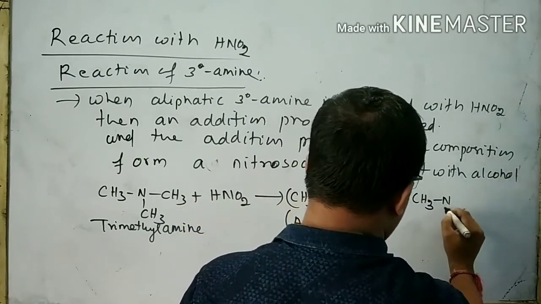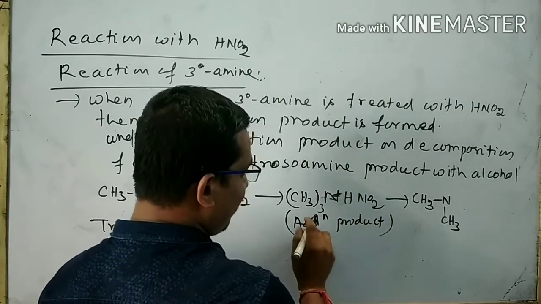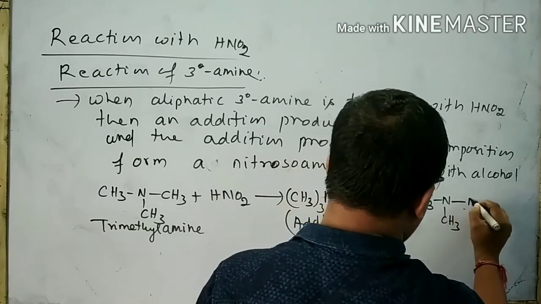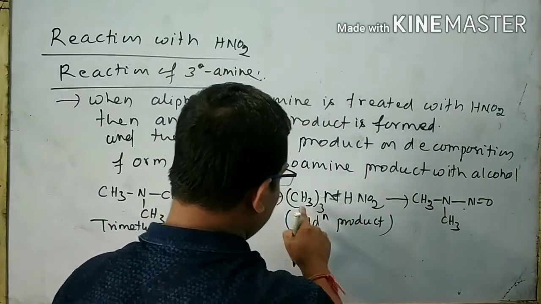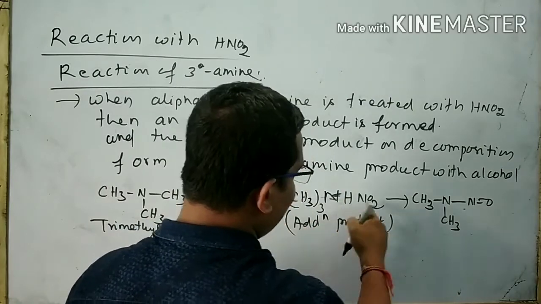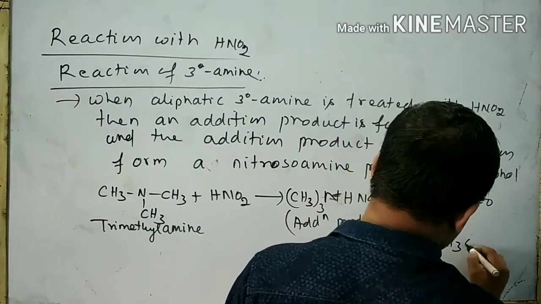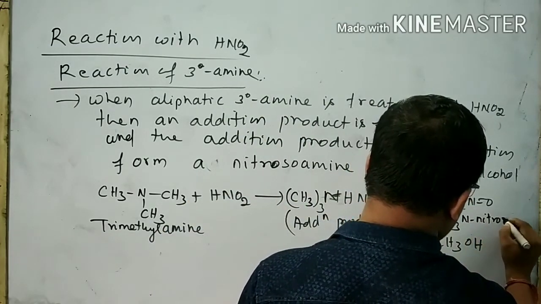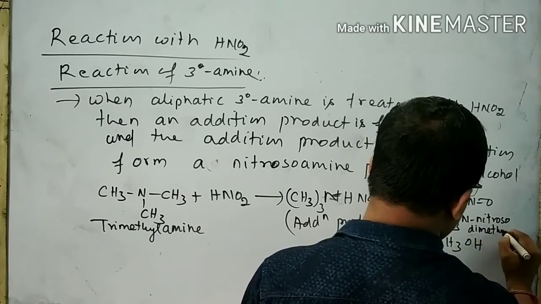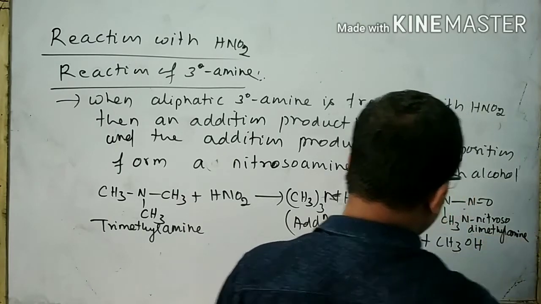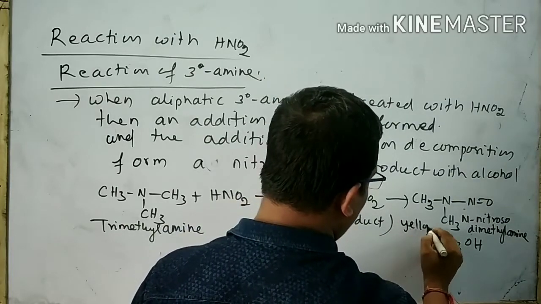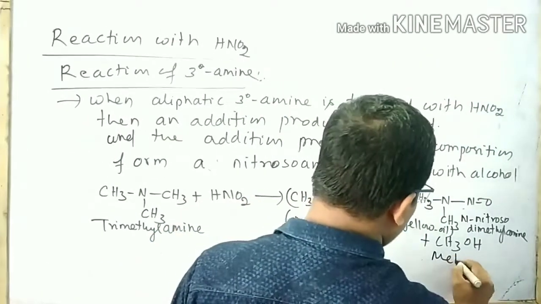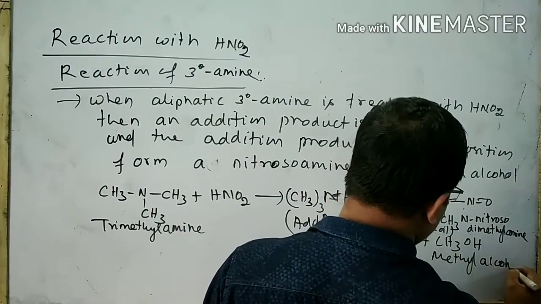It will give a nitroso compound, with CH3 bond, CH3 bond and double bond O. By this, there is one CH3, one hydrogen, one oxygen, and we are able to form methyl alcohol. The name of this compound is N-nitrosodimethylamine. This is also a yellow oil. This is said to be methyl alcohol.